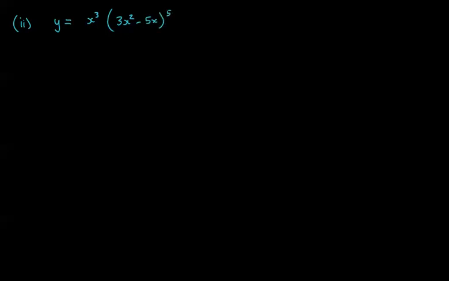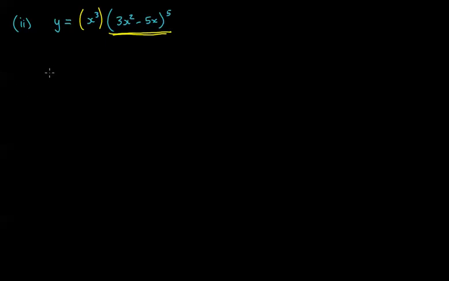Here is a really nasty, complicated looking function, and you could go ahead and write the binomial expansion of this and then multiply by x cubed and do it that way, but it'll take a long time to do. But notice that it's the product of two separate functions. Here's one of them, and what I've just underlined up to the power 5 is the other function.